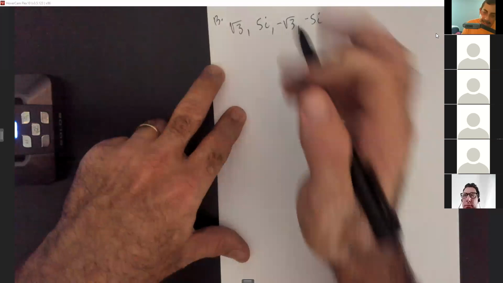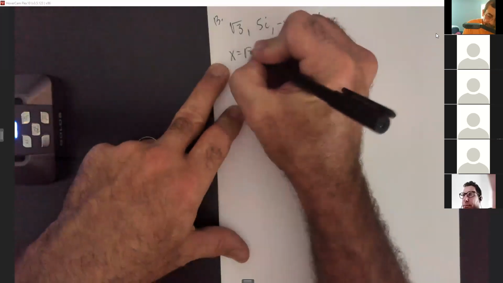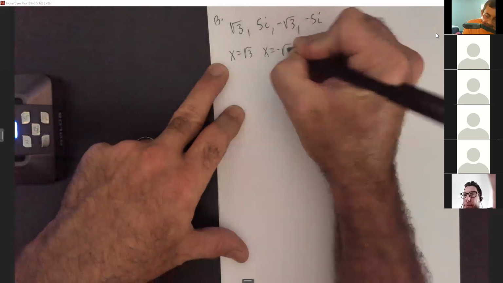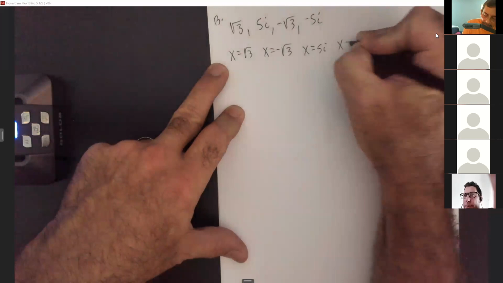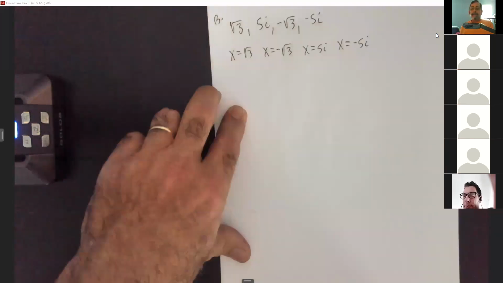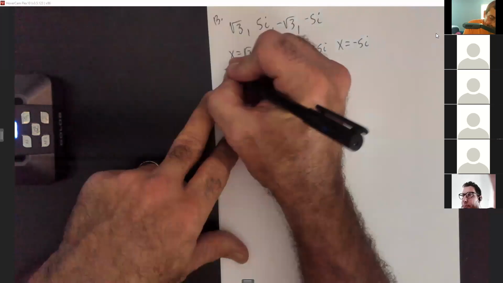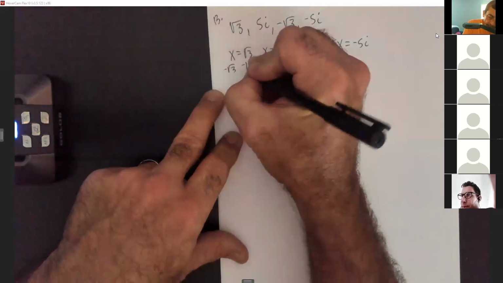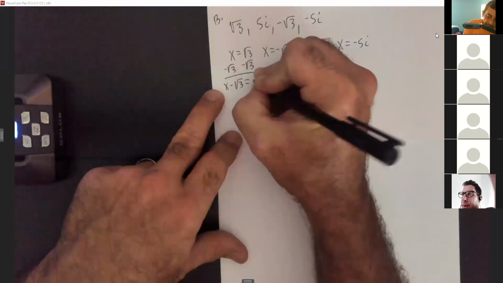Now I'm going to put them together. I'm going to put x equals square root of 3, x equals negative square root of 3, x equals 5i, x equals negative 5i. I'm going to add and subtract, get everything on the left side. So the first one would become x minus square root of 3 is 0.